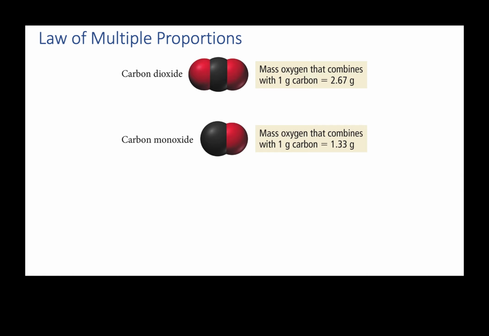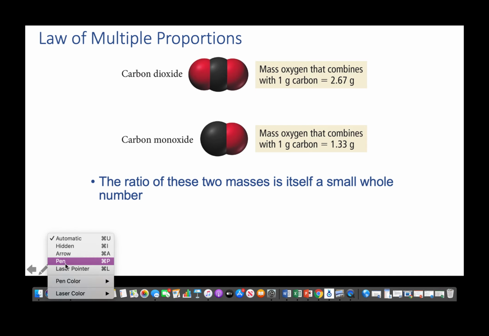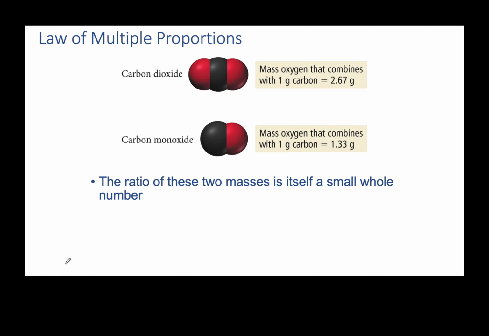So, here's what this actually means. Let's say that we have two different molecules. We have carbon dioxide, which is 1 carbon and 2 oxygens. And then we have carbon monoxide, which is 1 carbon and 1 oxygen.